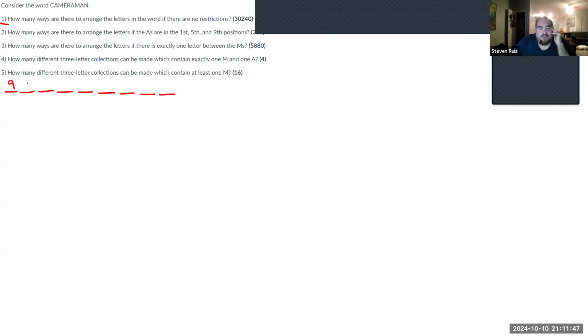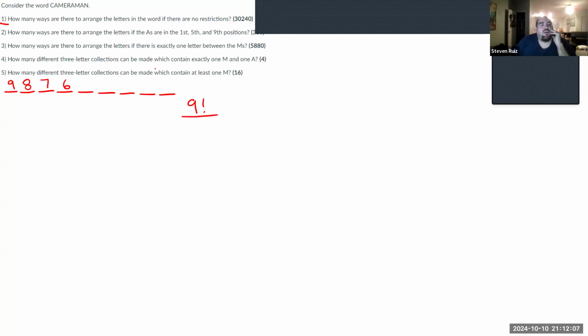All 9 letters can go there. And then in the second position, I have 8 options because I used one, and so on and so forth. So it might seem like the number of options here is 9 factorial.